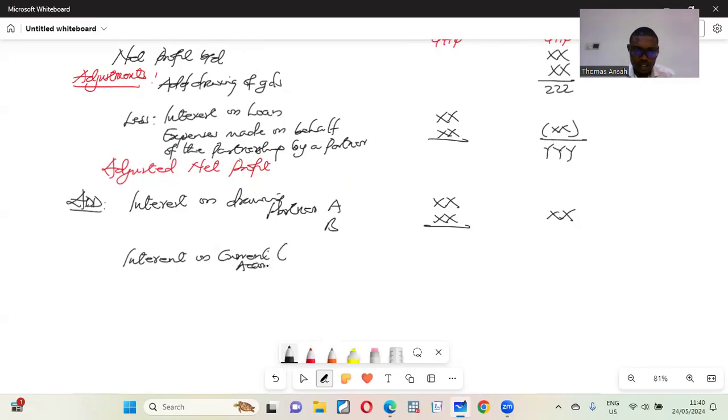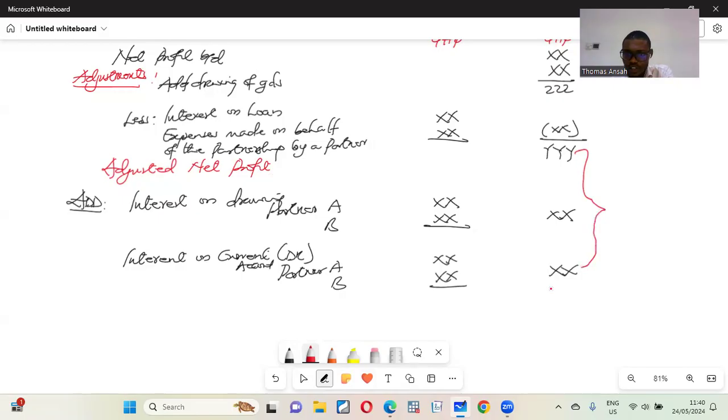If your current account is a debit balance, it means there is an overdraft, like a loan or a drawing, so we charge interest on that current account. That one too, partner A and partner B, you put them together, you will add it. So you will add 1, 2, and 3 together.